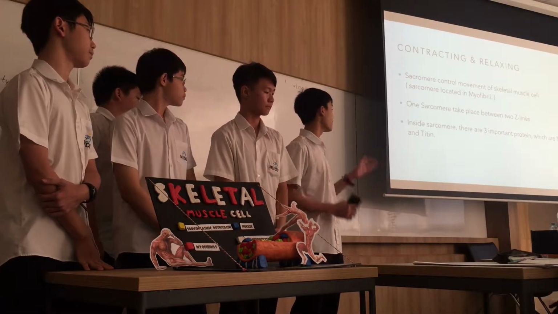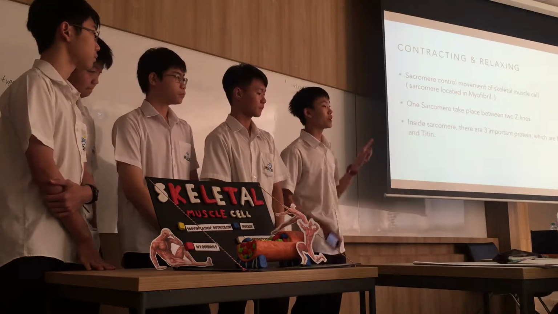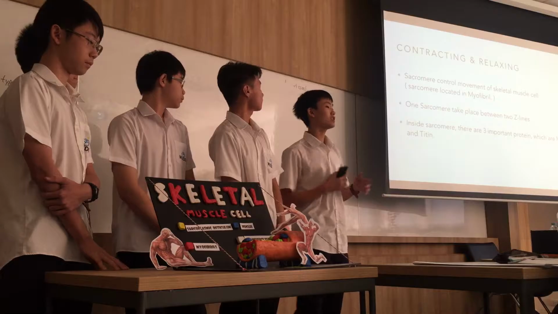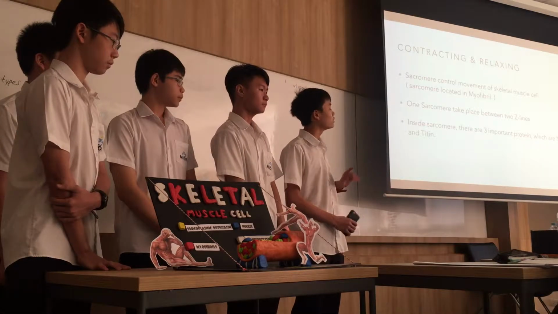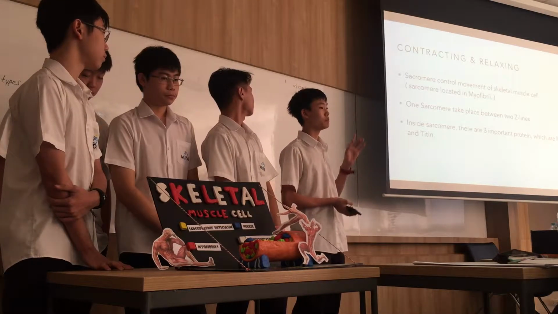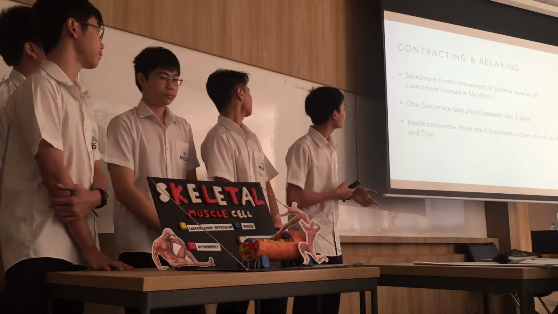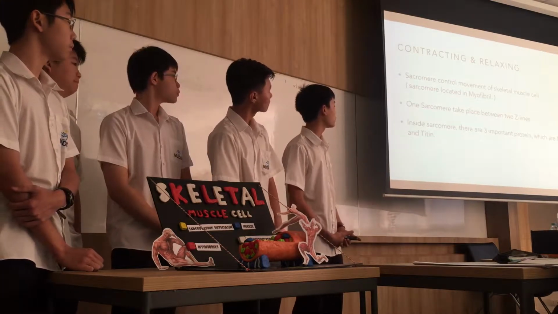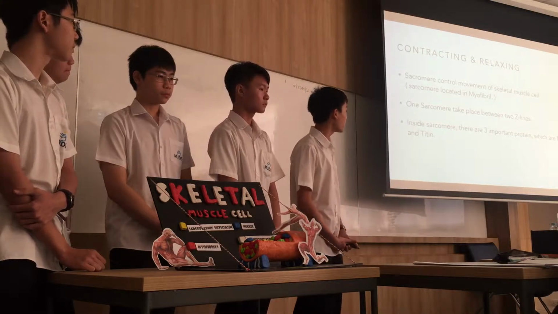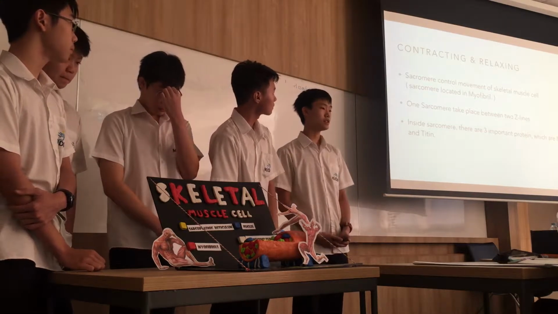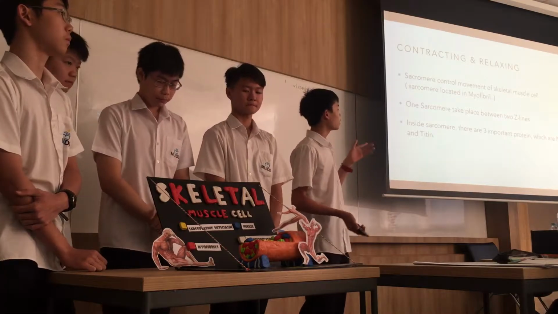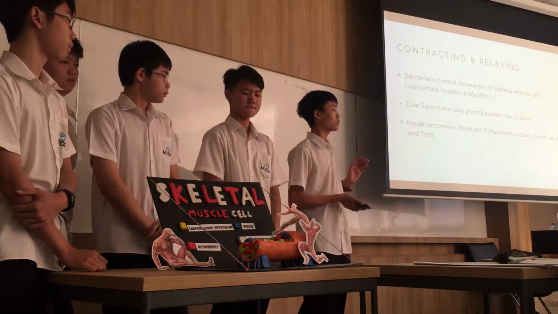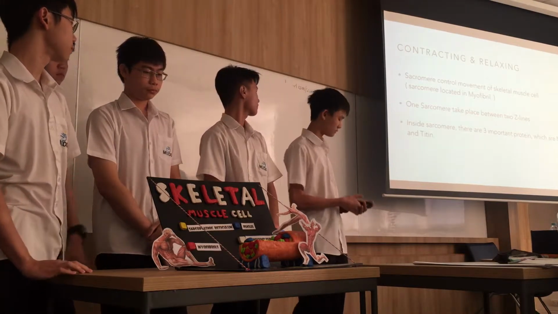One sarcomere means from one Z line to another Z line. Definitely you guys don't know yet what a Z line is, but don't worry, I will show you the picture on the next slide. Inside one sarcomere, there are three important proteins, which are myosin, actin, and titin. Especially myosin and actin are very important for the contracting and relaxing function.